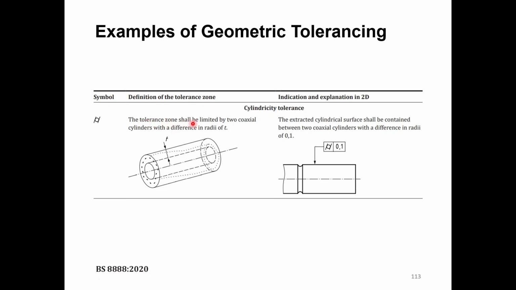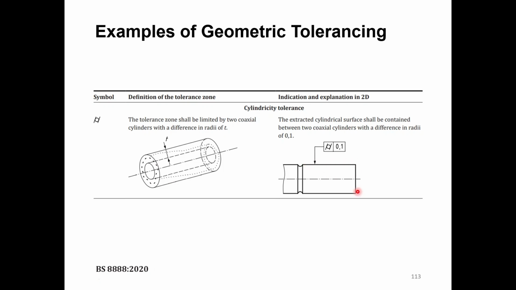So the tolerance zone should be limited by two coaxial cylinders with a difference in radii of t. So we plot here two cylinders, and the difference between these two cylinders is t, okay? And then the real cylinder itself can take any shape as long as it lies between these two theoretical cylinders.